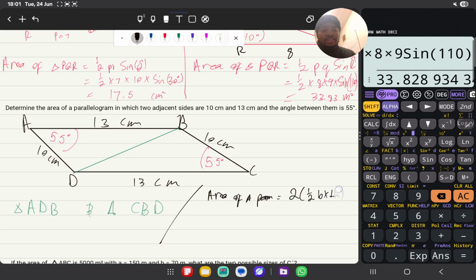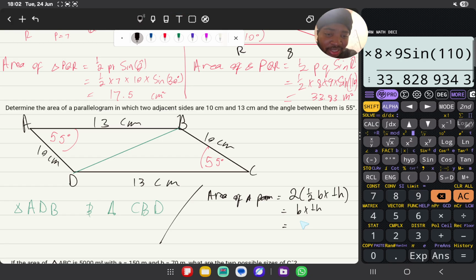But actually we're going to use the sine rule there. Basically it's half times base times perpendicular height, which when you multiply by 2, is base times perpendicular height. Because we've already multiplied by 2, we just put the base and the perpendicular height.